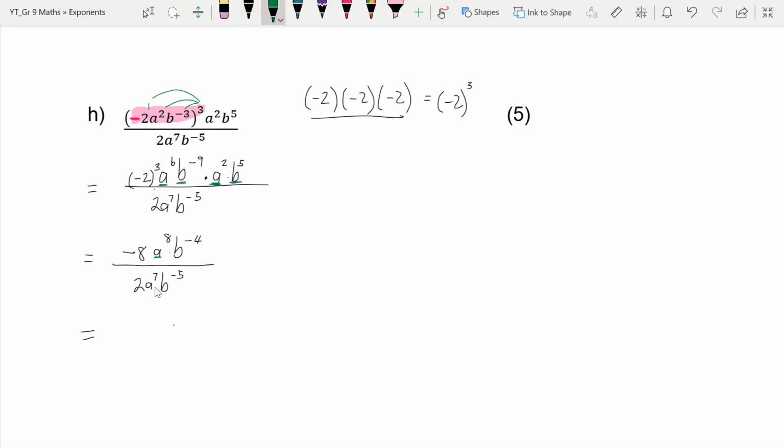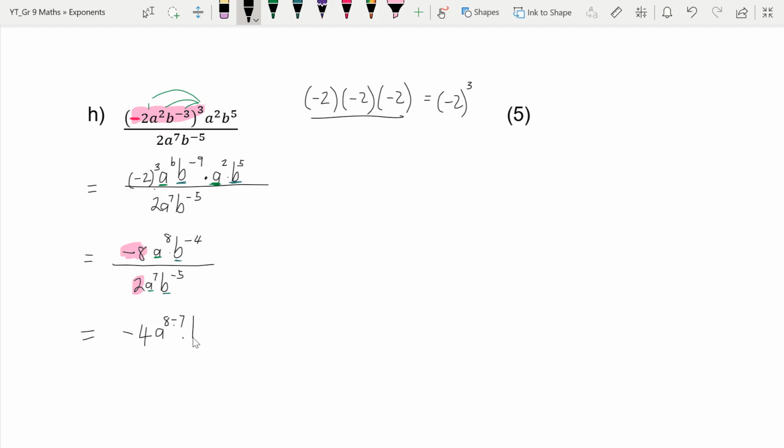We've got some similar bases again, but now we are dividing. So when we are dividing and our bases are the same, we are going to subtract those exponents. And then, of course, this will just be -8 divided by 2, which will give us -4. I am going to use the way that works for me. You do what works for you. My bases are the same, the base stays the same, and I subtract my exponents.